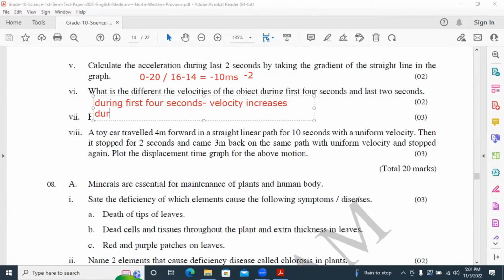And during the last 2 seconds, the velocity decreases.